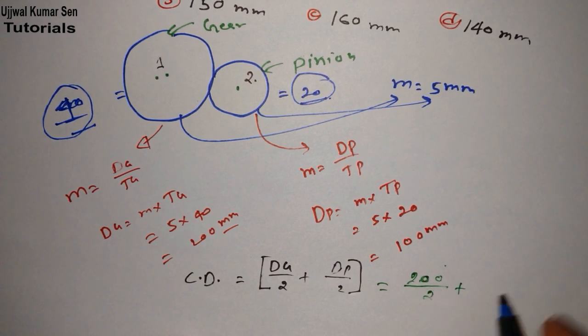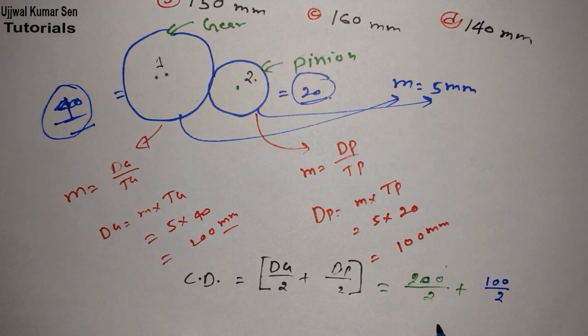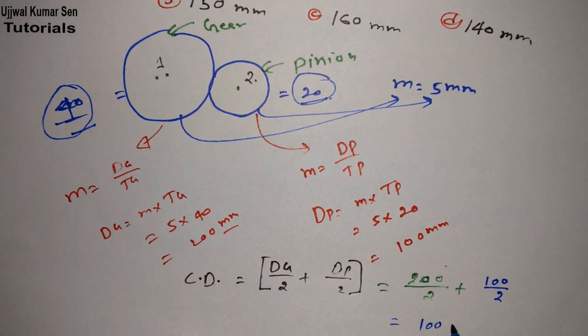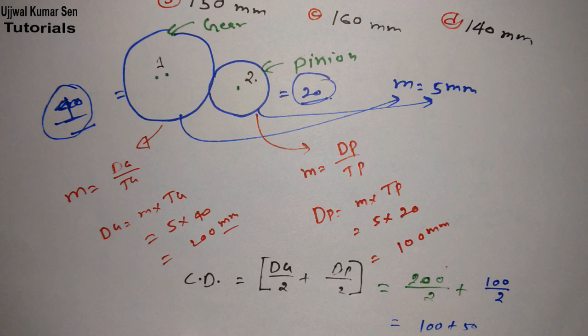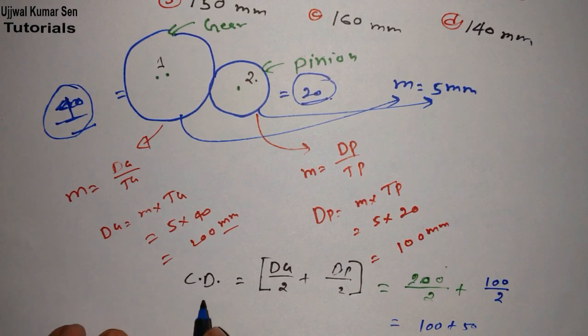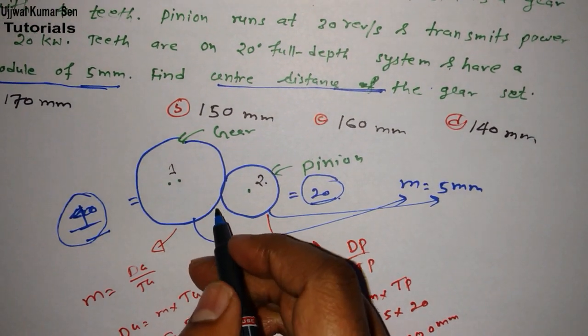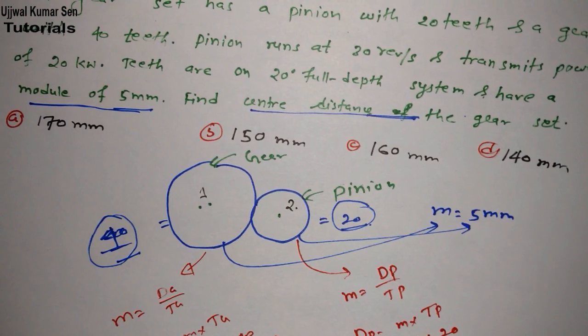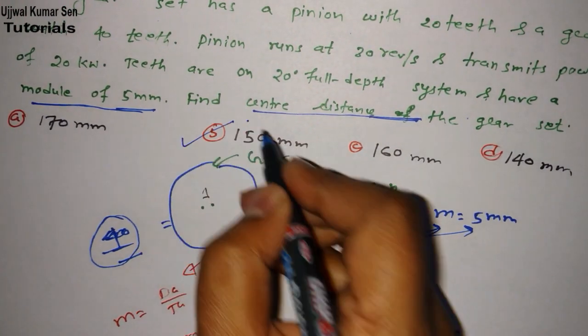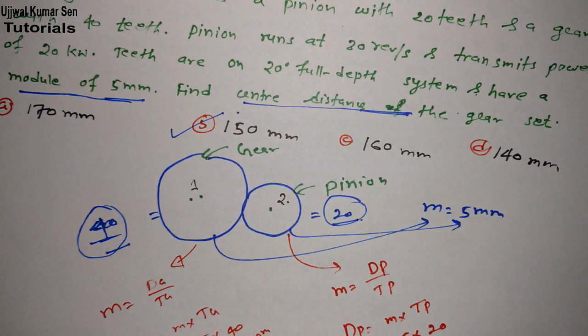What is dp here? dp is 100 divided by 2. So here we got 100 plus 50 is equal to what? 150 mm. Therefore the center distance of this gear and pinion set is 150 mm. Now looking at the options, option B is the right option for us.